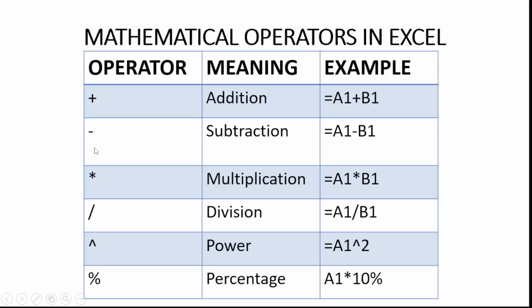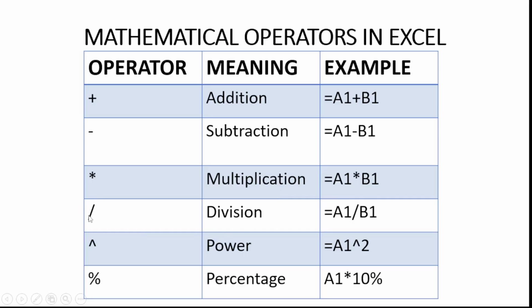And then you can do subtraction, by saying is equal to A1 minus B1, and then subtraction can be carried out. You can carry out multiplication by simply putting the multiplication symbol between the cells that you want to multiply. Then division, this is the symbol.